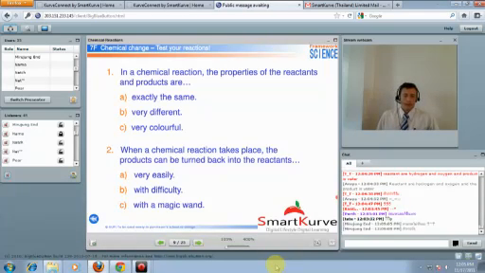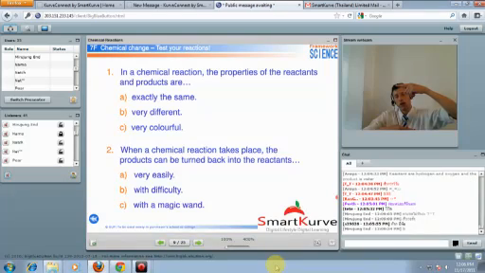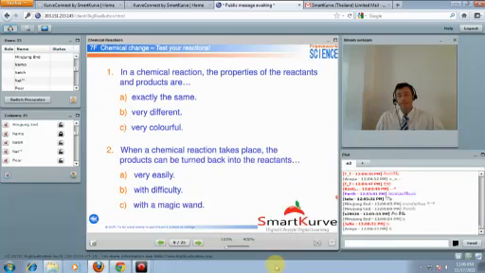All right, number two. When a chemical reaction takes place, the products can be turned back into reactants. Very easily or with difficulty? Correct. With difficulty.